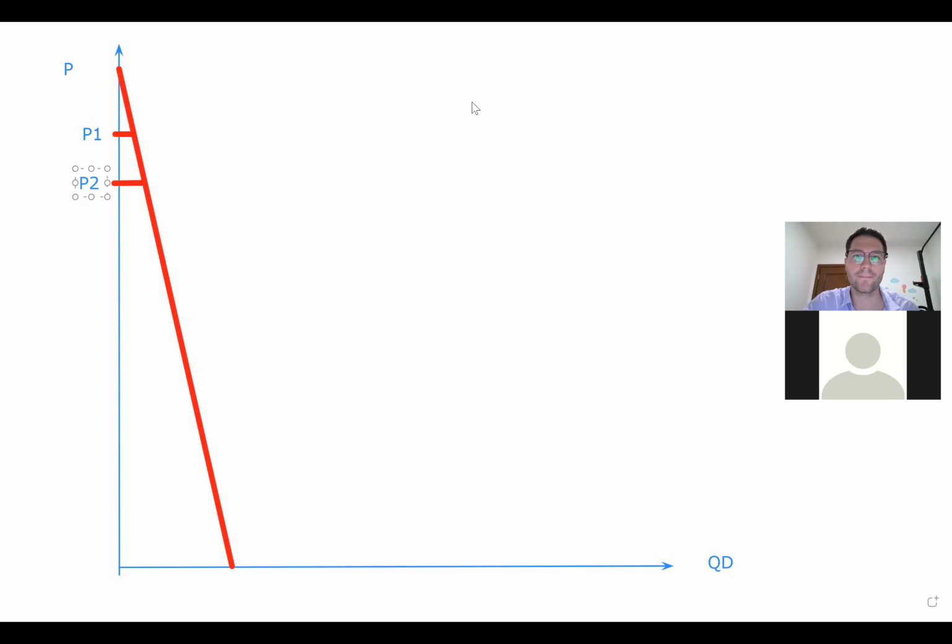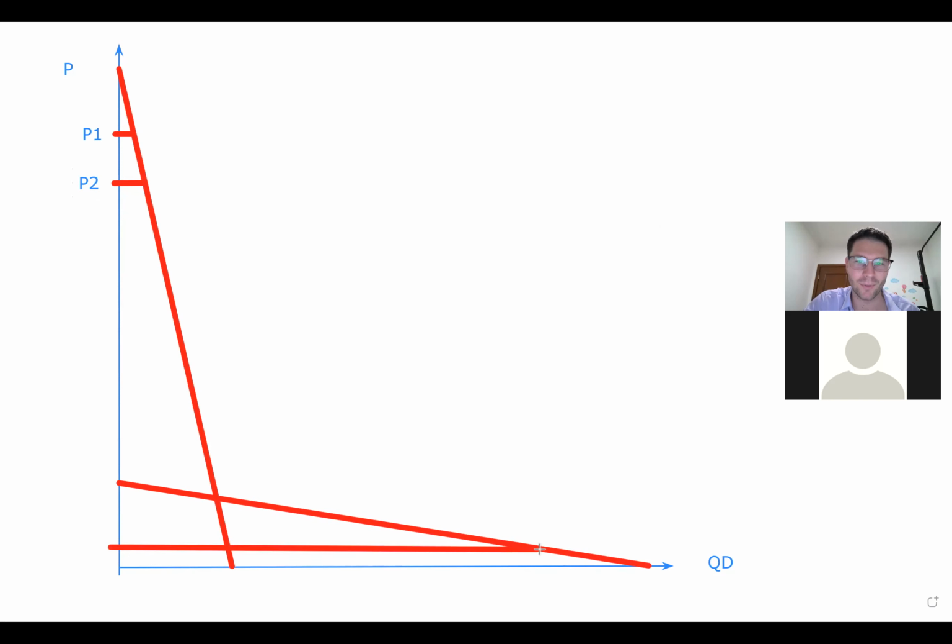And same thing, if I take this demand curve, something like that, it almost looks like comparative advantages, right? And if I take two prices very close to zero, one here and one here, and I calculate the elasticity, I would actually find that it's price inelastic.